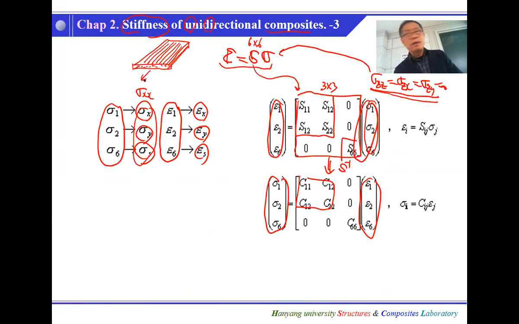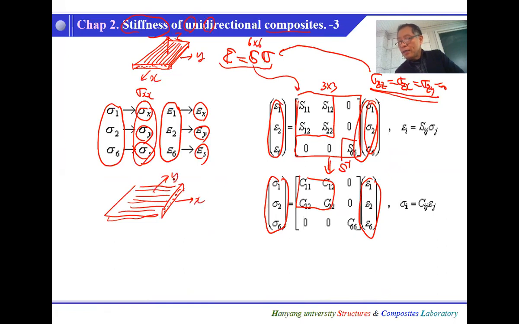So this one conventionally we call X, and this one Y, and this is Z. Or sometimes, in most cases, I prefer to use fibers running in the horizontal direction. So this will be X and Y and Z. So the Z coordinate is no longer needed, so we often neglect this one.